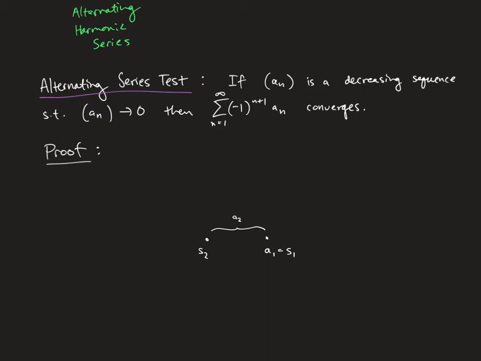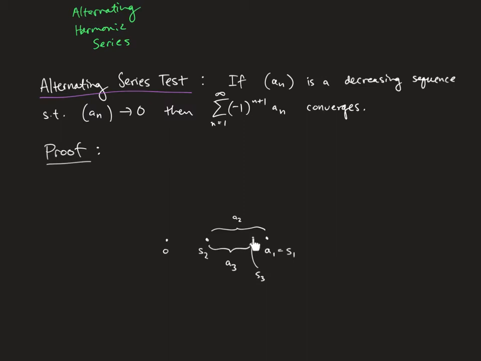So let's say 0 is over here. And then you're adding a_3 to get your third partial sum. So the third partial sum is here, and this distance here is a_3. Since a_3 is less than or equal to a_2, you haven't gone back as far as a_1.